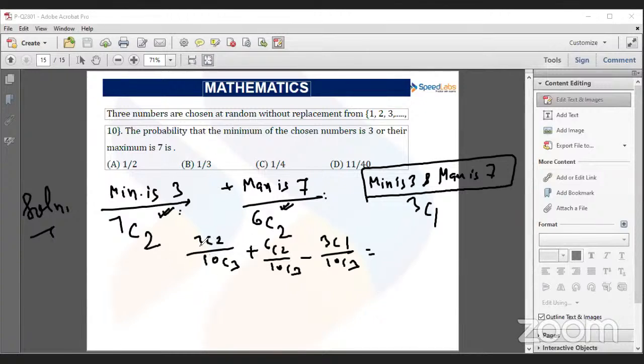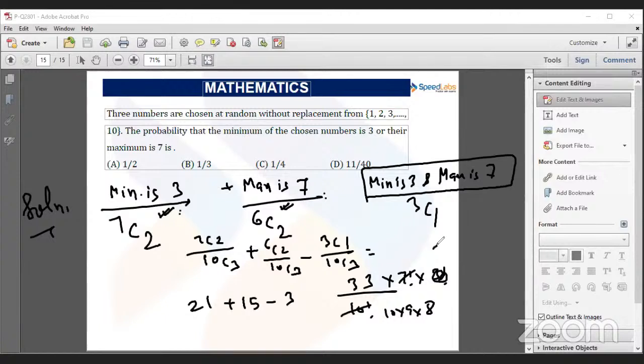It will be 21, 7C2 is 21, plus 15 minus 3, 33 by 10C3. LCM में है तो 10 into 9 into 8 by 6, and this will be 11/40. This is the answer.